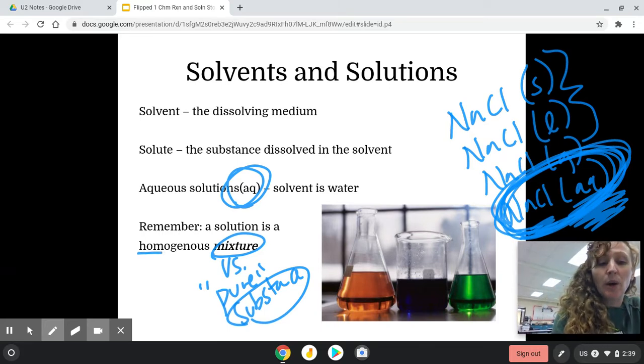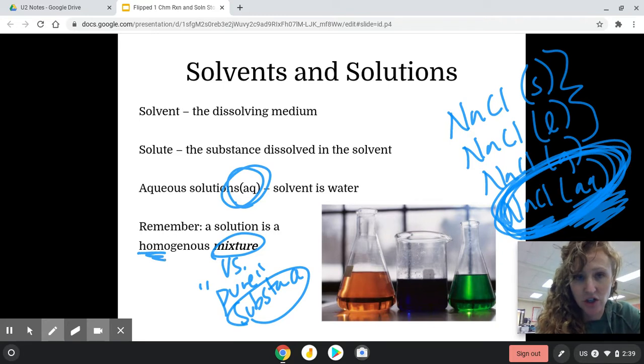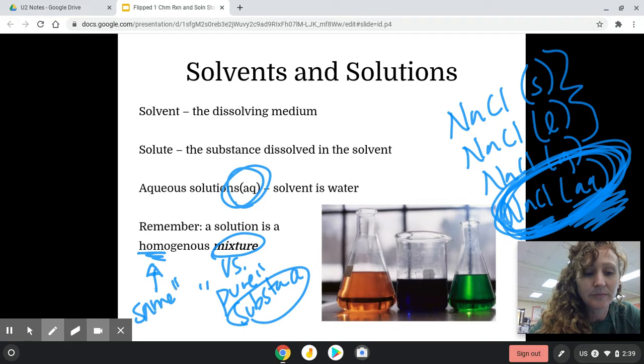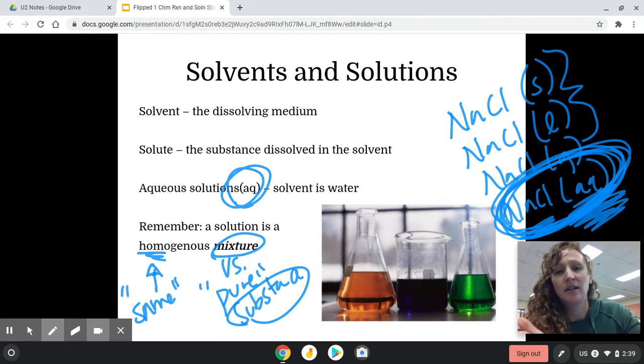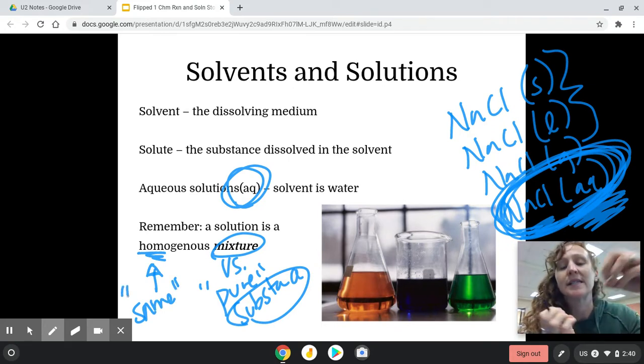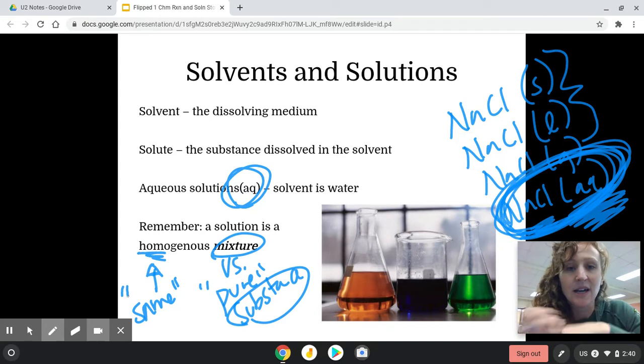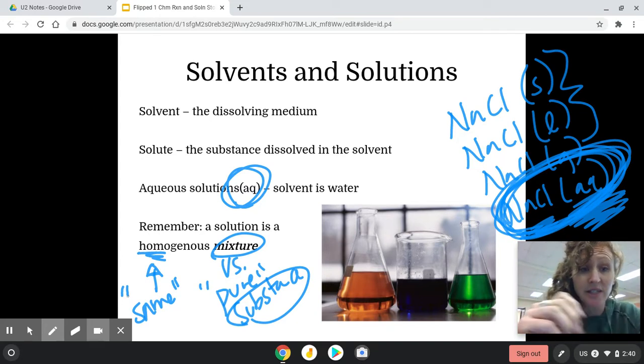Also, it is a homogeneous mixture. If you have a solution, you are talking about a homogeneous mixture. So this prefix here means same. If you had a mixture where you could see the different parts in it, that would be a heterogeneous mixture.